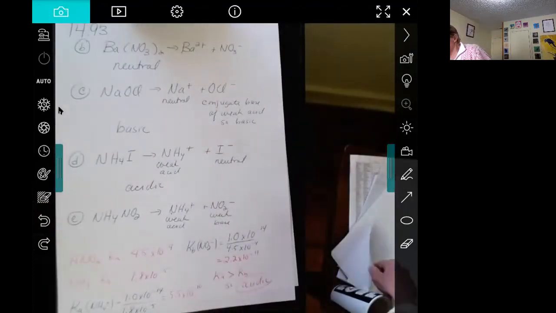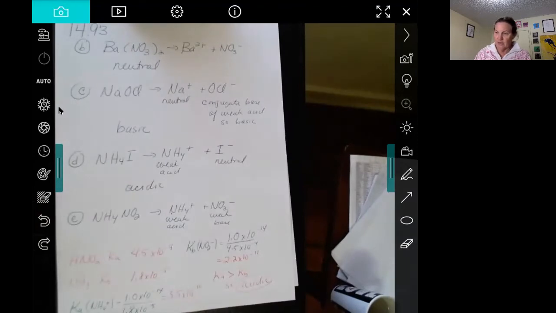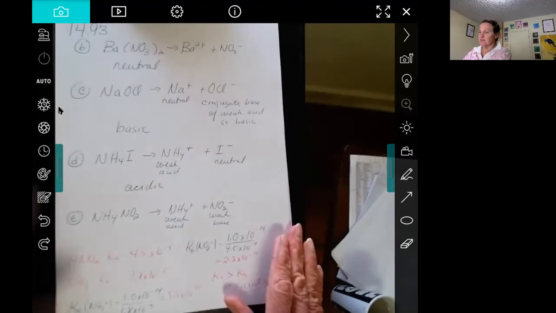So the very last problem we'll look at is one where you look at dissolving a salt and you ask the question, will the solution be acidic, basic, or neutral? So you have that table, I think it was on page 450. Let me just confirm that.